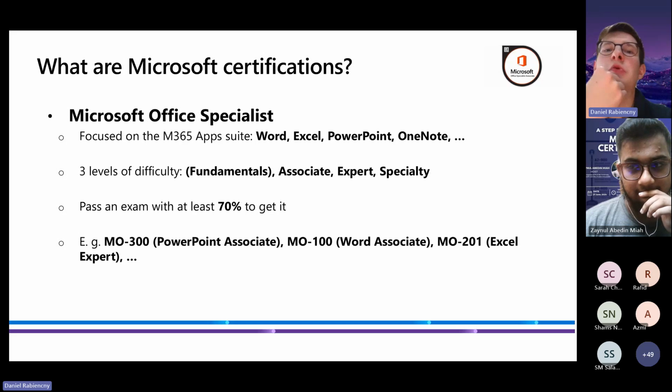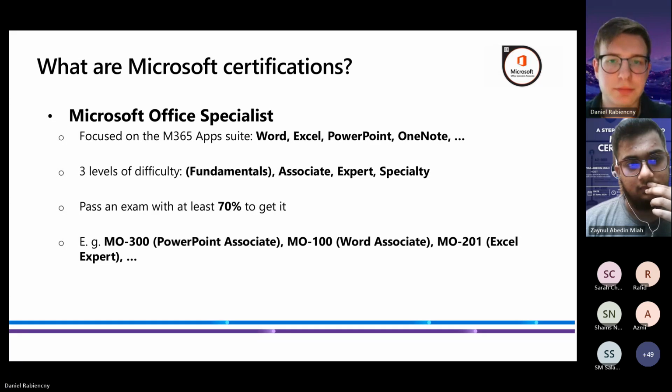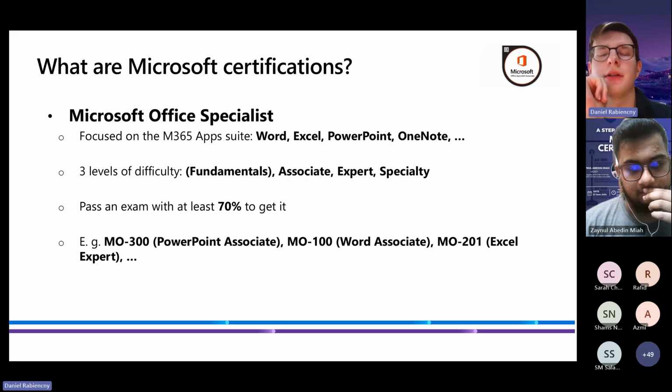They are connected to Office versions of, I think, 2016 or something like that. So some things stay the same, but some things have changed. But the associate and expert levels actually cover the Microsoft 365 version of the apps. So it's always the actual version, because Microsoft 365 is basically a cloud offering.